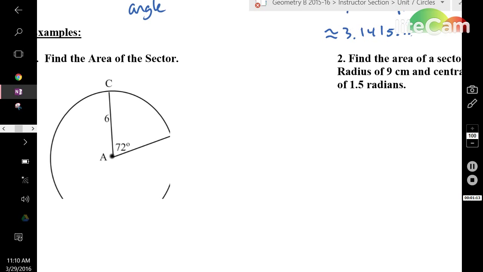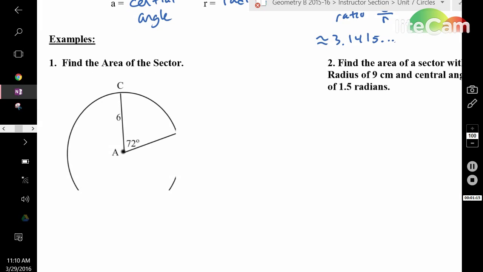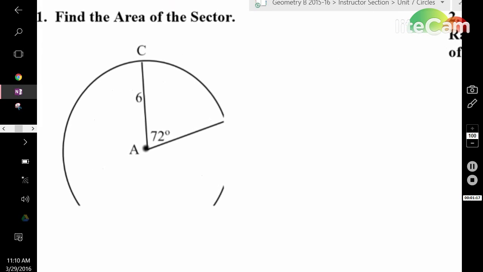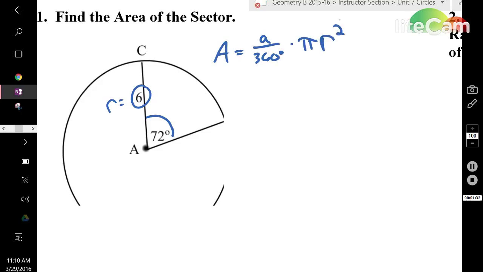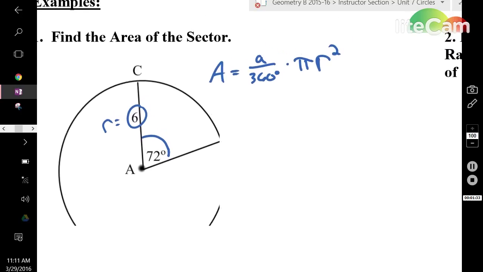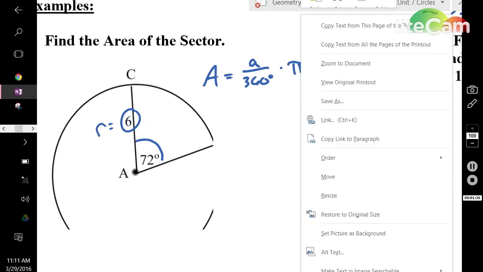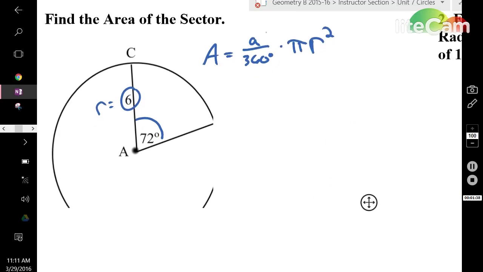So this first one, find the area of this sector. We have a circle here, the radius of 6. Your central angle is 72 degrees. So you're going to use the formula for degrees, A over 360 times pi r squared. So you need, in order to find the area of a sector, the central angle and the radius, which both of these we have.